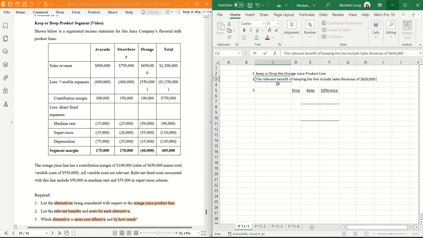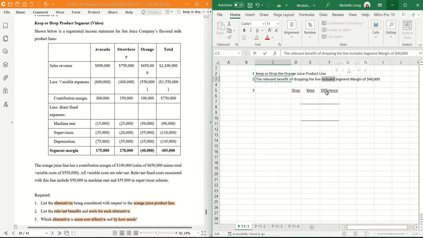We can say the relevant benefit of keeping the line includes a segment margin of $40,000. So this is dropping, because it's a loss.